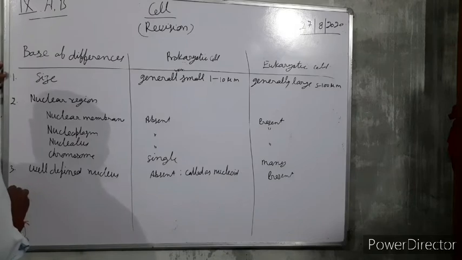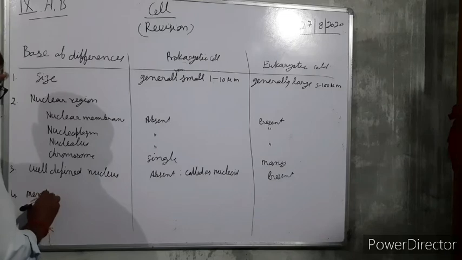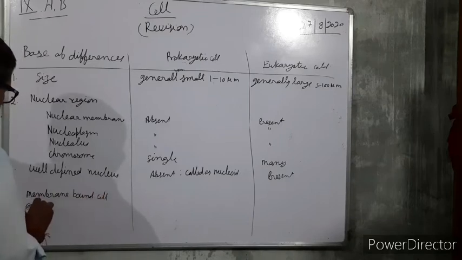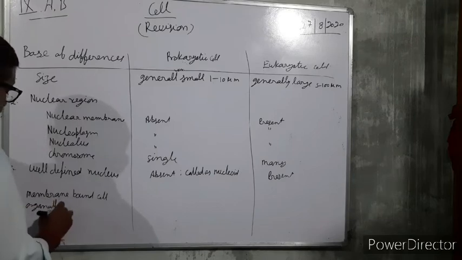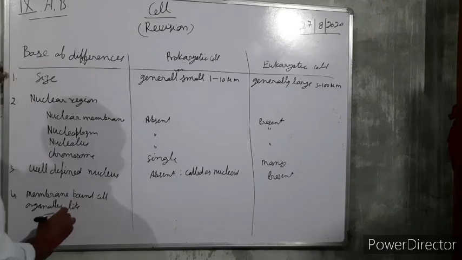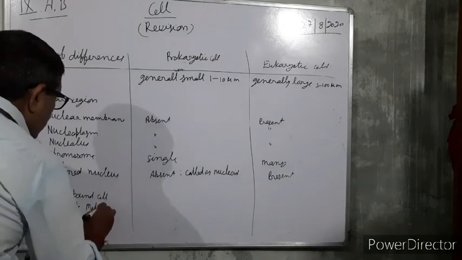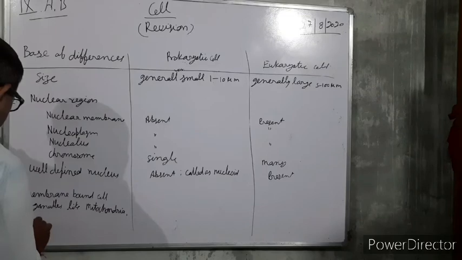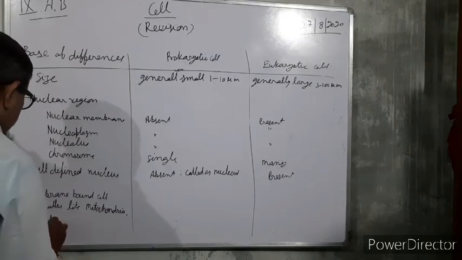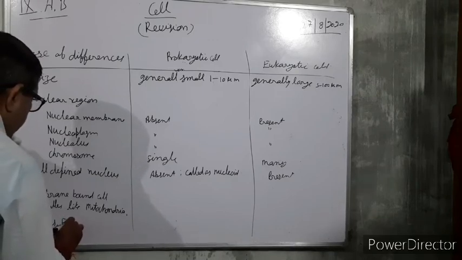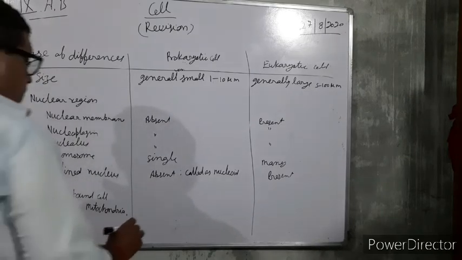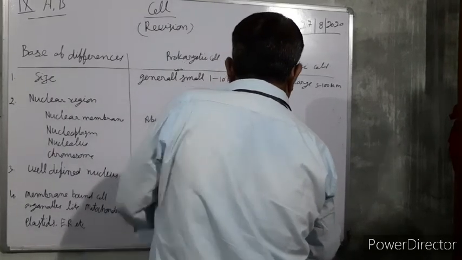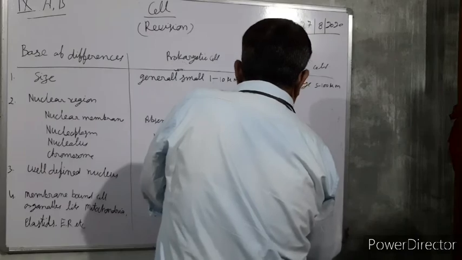And membrane-bound cell organelles like mitochondria, plastids, endoplasmic reticulum, etc. Here these are absent, and here these are present.